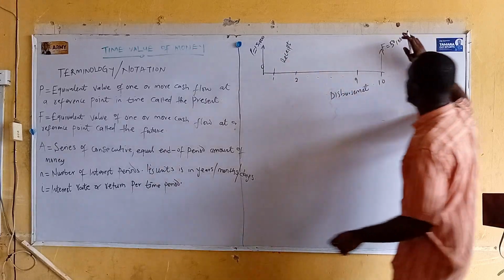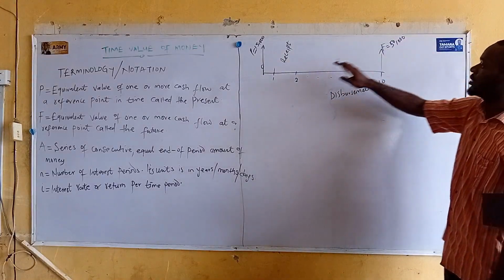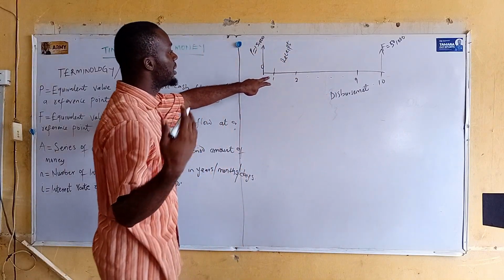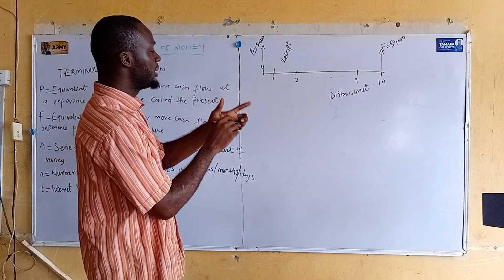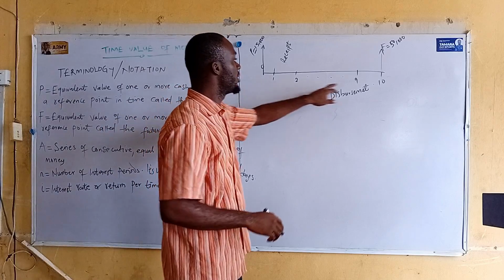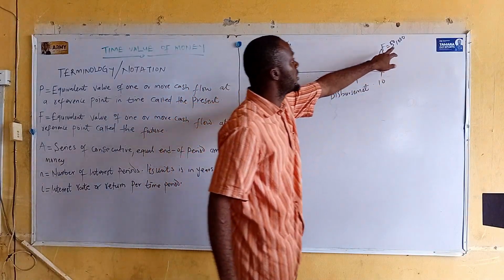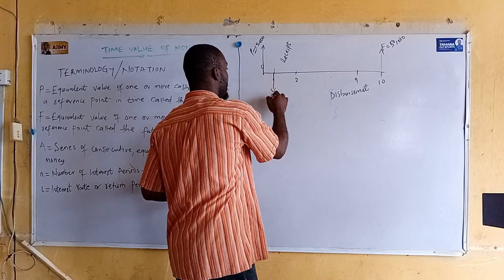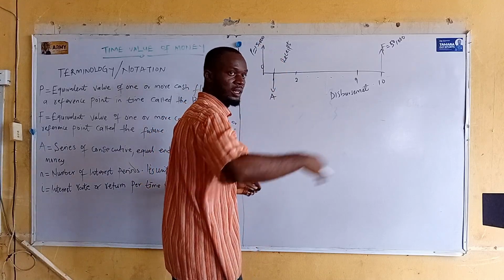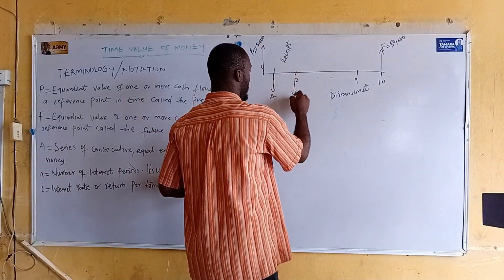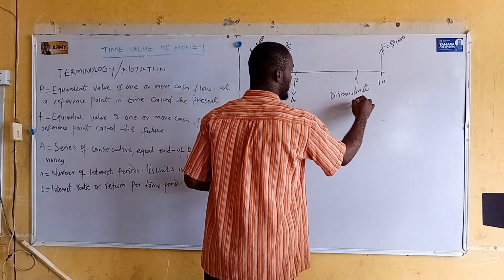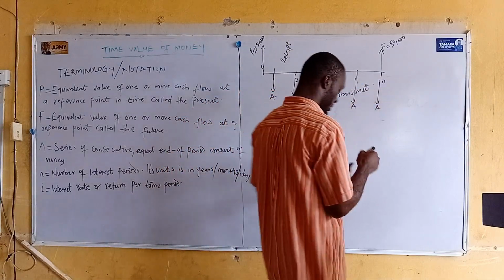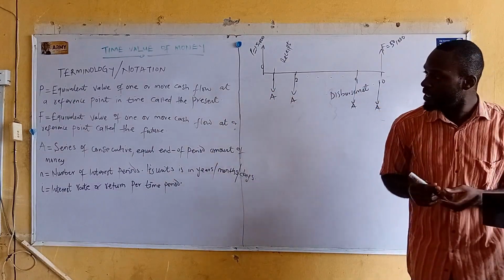We want to get 50,000 after 10 years. We require to find the equal amount of money that we will save every period in order to get 50,000. Then you are not using P. You are saving, you are depositing. Do you understand? So that is A.